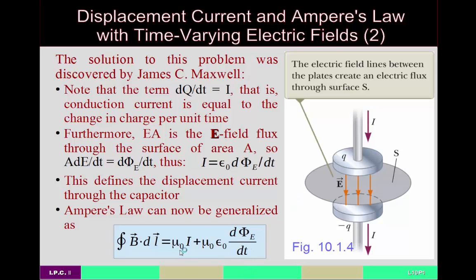So basically, you could rewrite this equation as mu naught times conduction current plus displacement current.